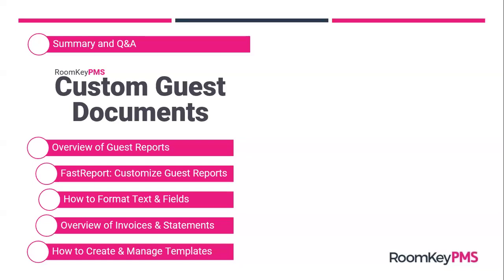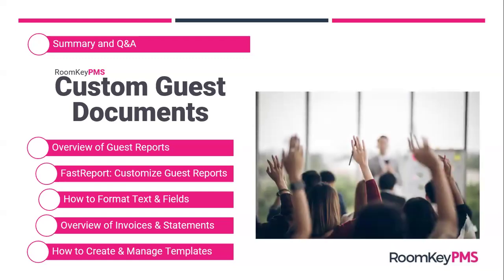We also took a look at an overview of different invoices and statements and how they have some similarities but also differences for different purposes there in the City Ledger module. And then of course an overview of how to create and manage templates related to those invoices and statements. So I'm just going to open up the floor here to see if there's any questions regarding any of our topics in today's presentation.